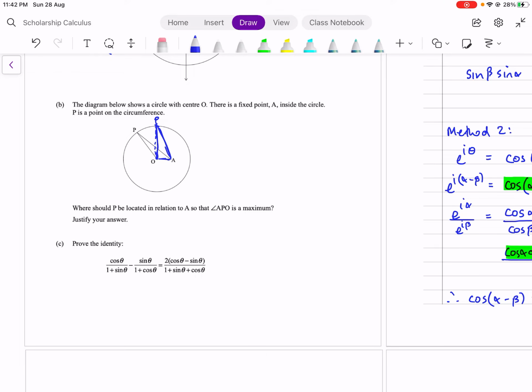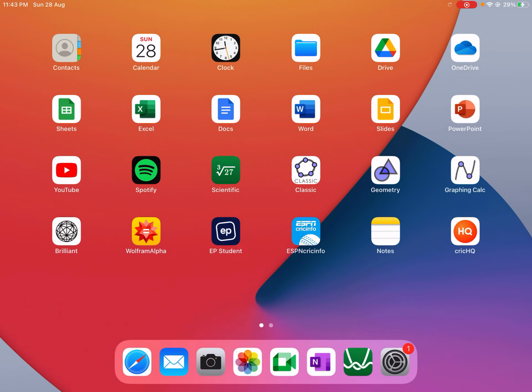And what happens when you do that is you make the height the biggest, and therefore you actually maximize the area. You don't maximize the angle. Turns out that the answer is to put P either there, directly above A, because that will maximize this angle, or directly below it. But we've got to prove that. I'm going to show you quickly before we get into a diagram that might help you understand it.